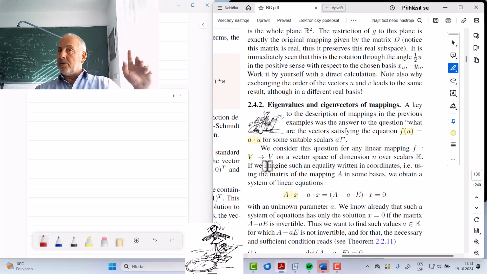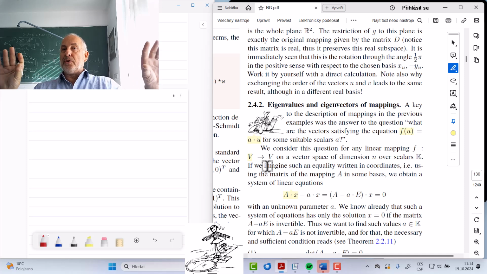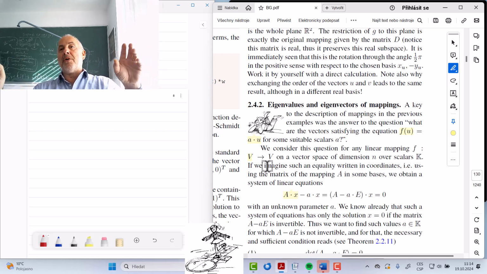So remember, some weeks back we had the nice theorem that for every matrix you can find invertible matrices which, when multiplying with them from left and right, will bring the matrix into diagonal form with ones on the diagonal and zeros everywhere else, and the number of the ones on the diagonal is equal to the dimension of the image.